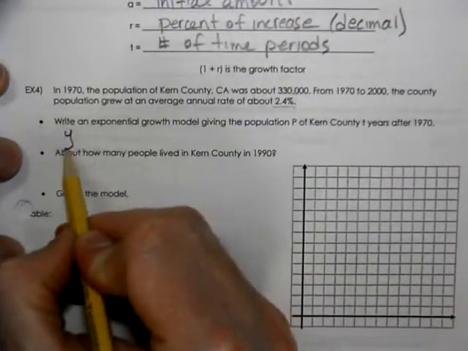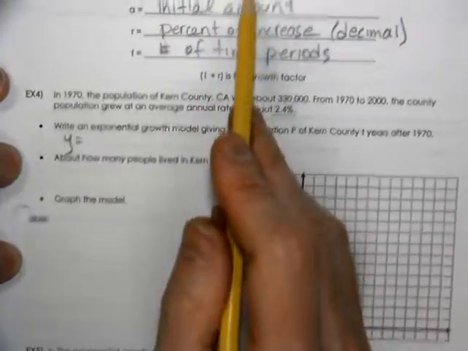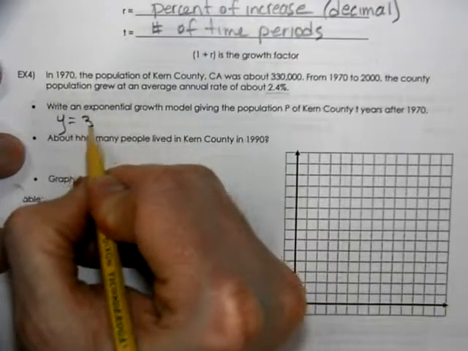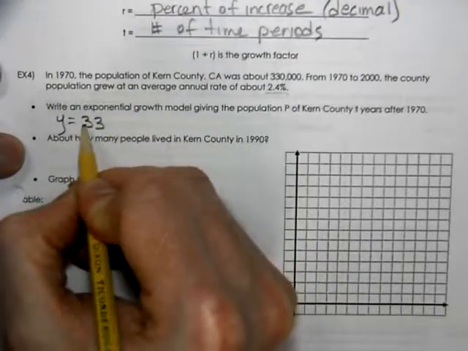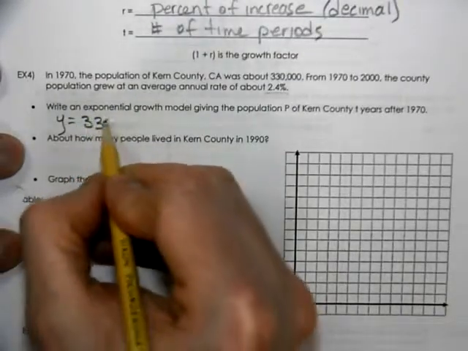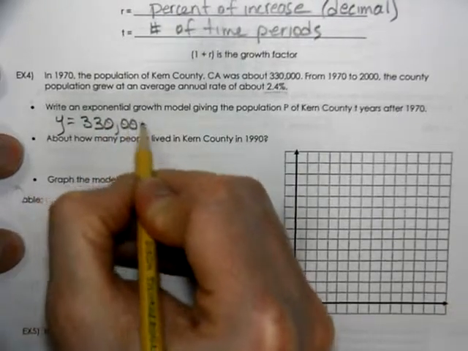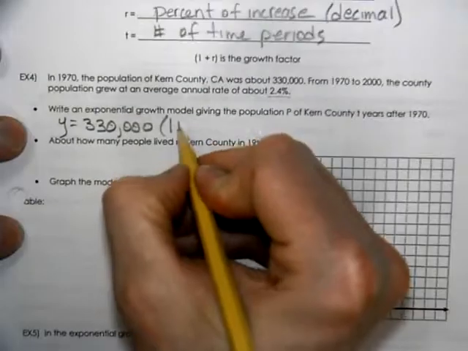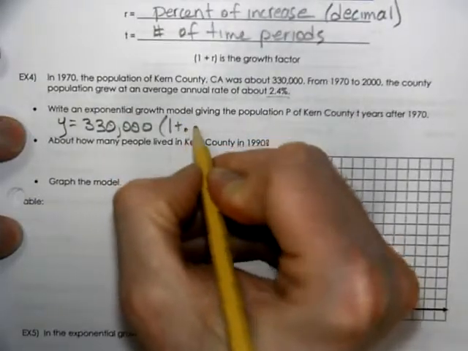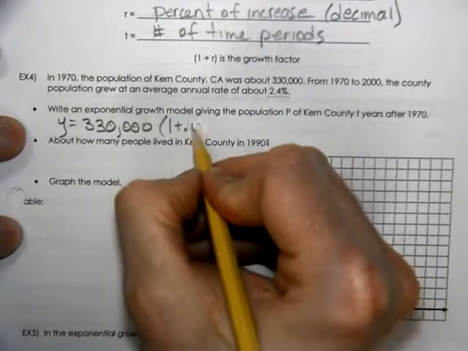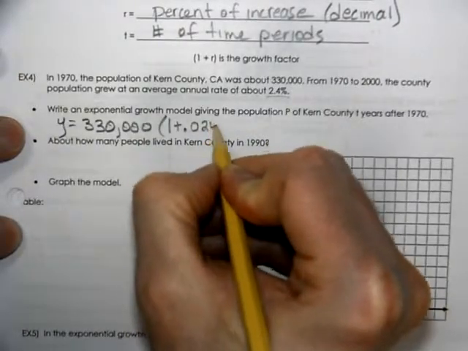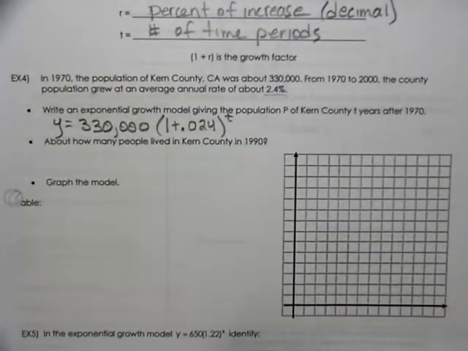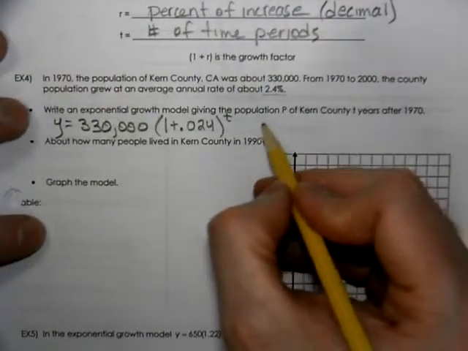So we're going to write an equation using our new formula, where A is the amount that we start with, which is 330,000. We have 100% of that, plus we have 2.4% more, so that's 0.024 in addition to that. So we can put that 1 and the 0.024 together.